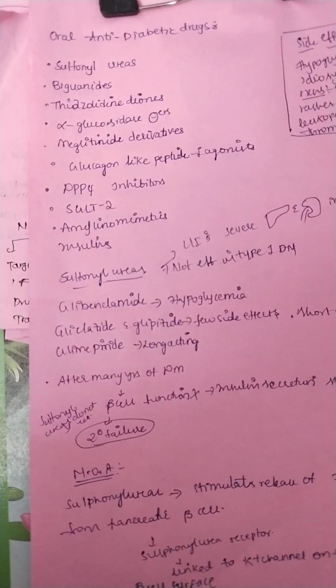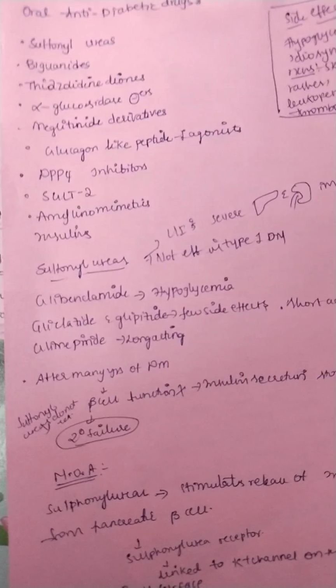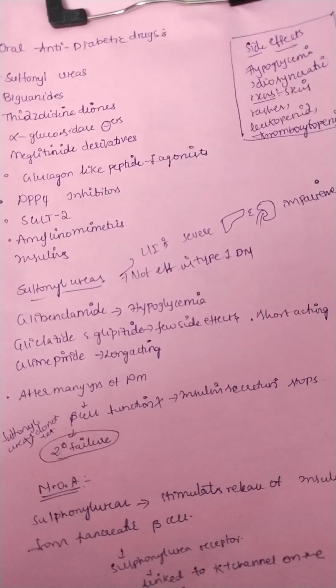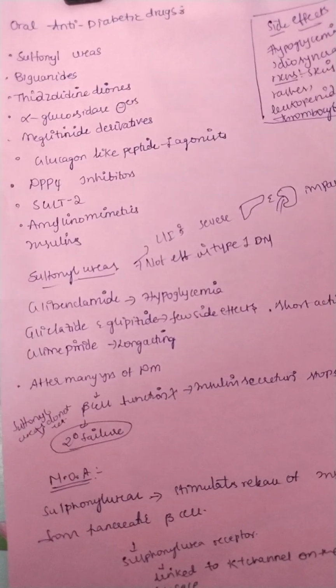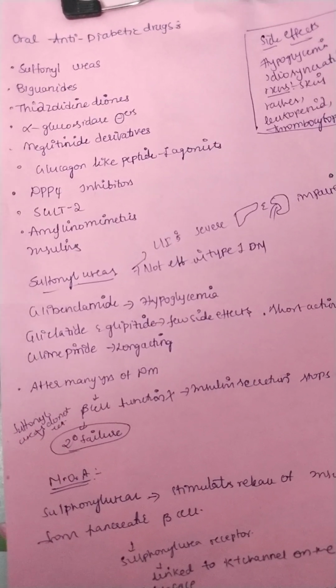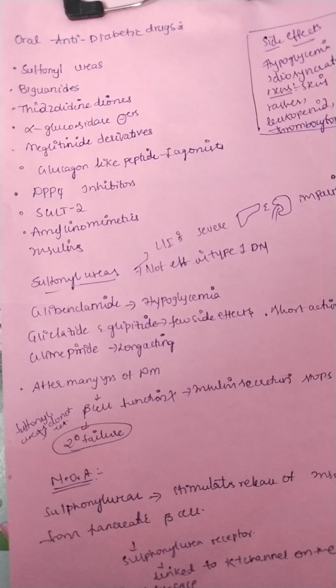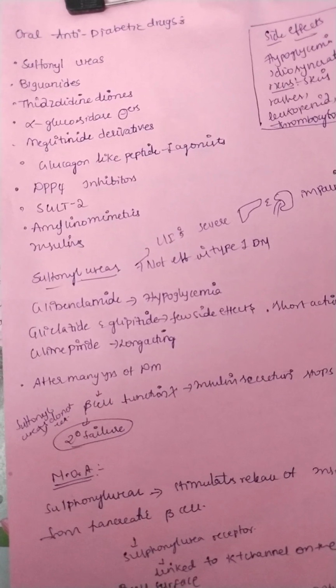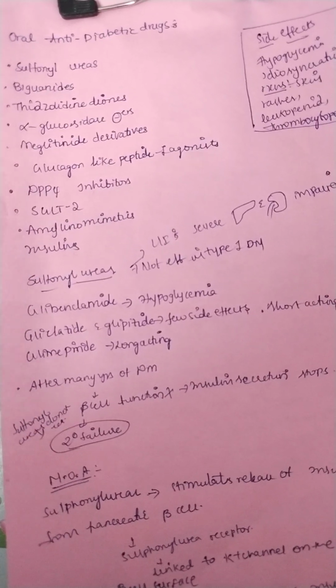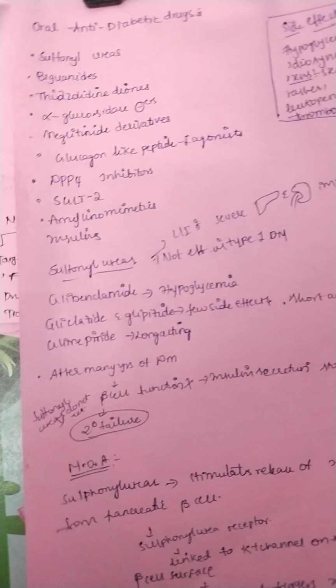So as second line treatment, what you will advise him is oral antidiabetic drugs. Those which promote insulin secretion, those which enhance absorption, and those which decrease carbohydrate metabolism, and those which act at the receptor level, like the SGLT2 receptors.